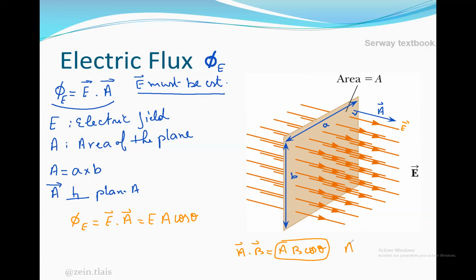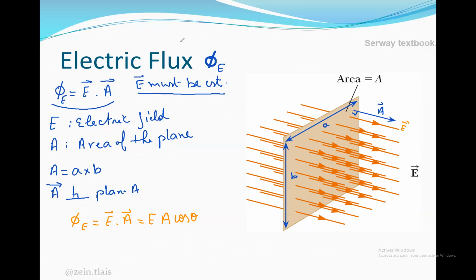And you know that A cross B is equal to A B sine of the angle between them, and this is a vector quantity. Now we study A dot B or E dot A. So this is the general equation.